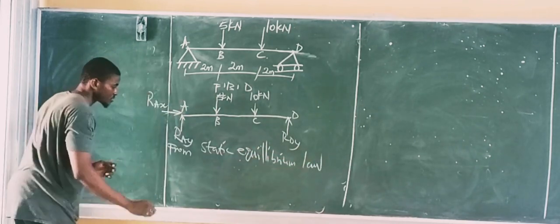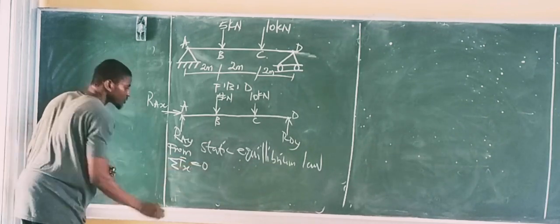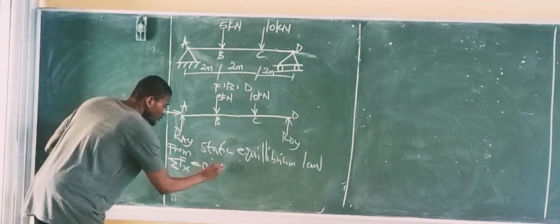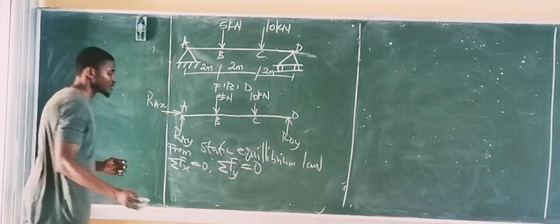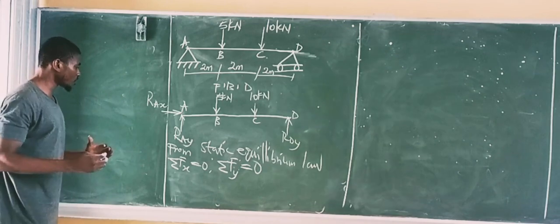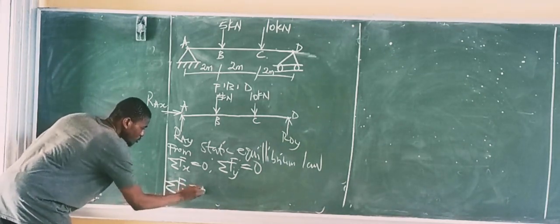From the static equilibrium law, the summation of all the forces acting on the x-axis is 0. It also states that the summation of all the forces acting on the y-axis is 0. So if we employ this law, summation Fx equals 0.